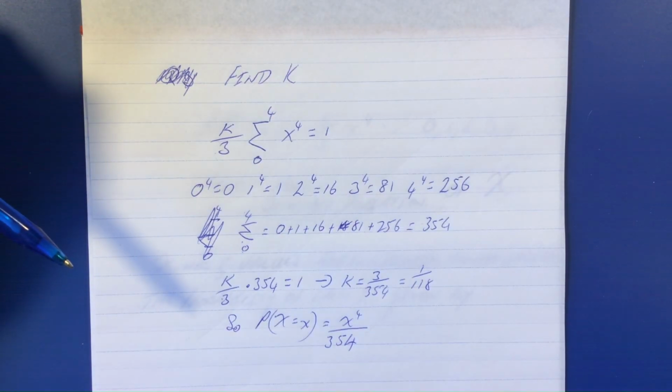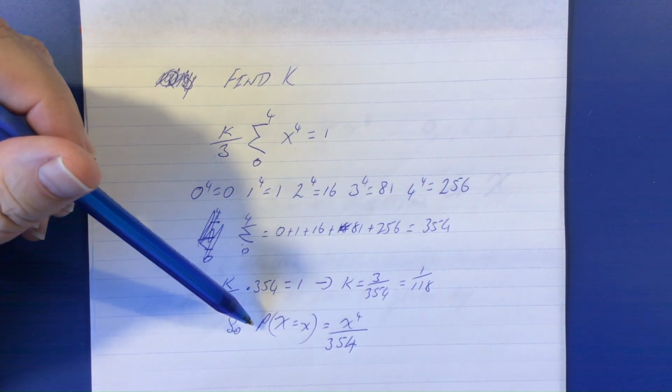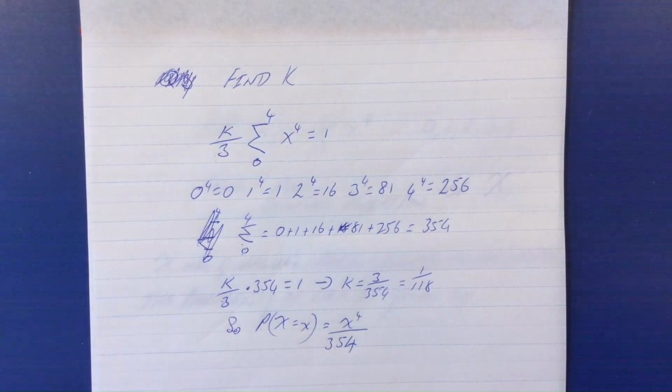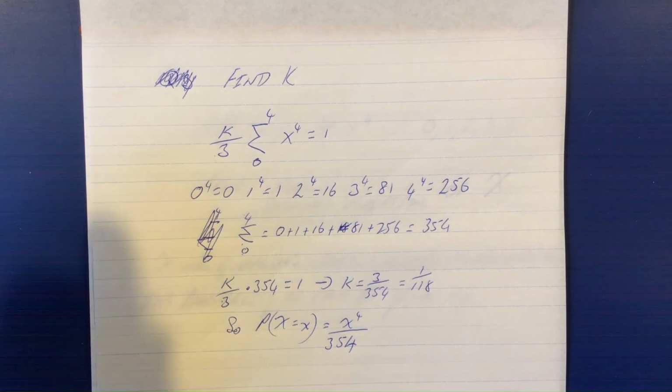Okay, so we found k. We know that we are now dealing with this, and so our next job is to find what we actually came here to look for. So let's go looking for the mean.